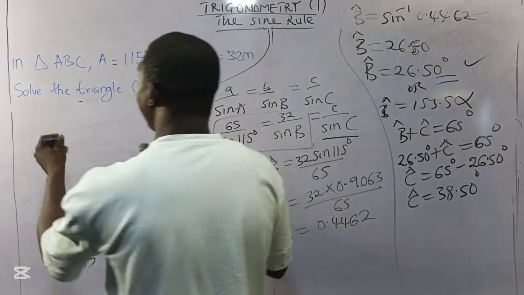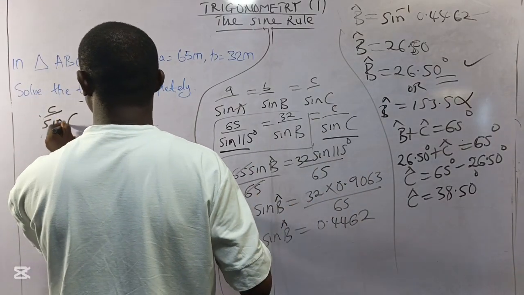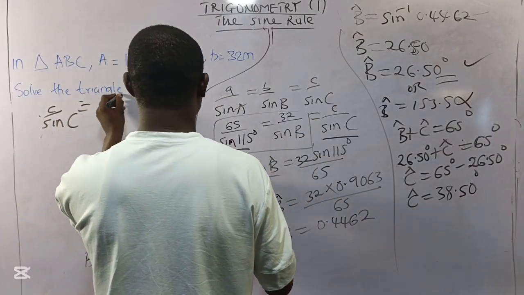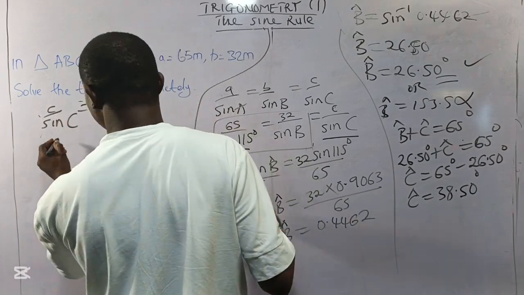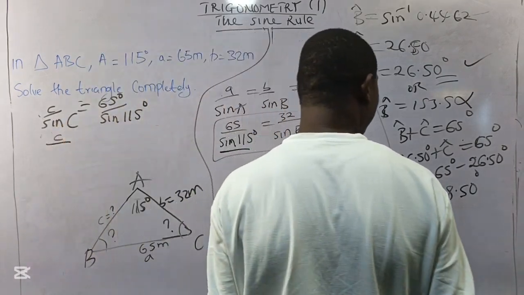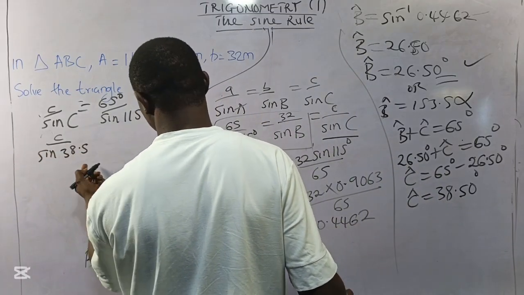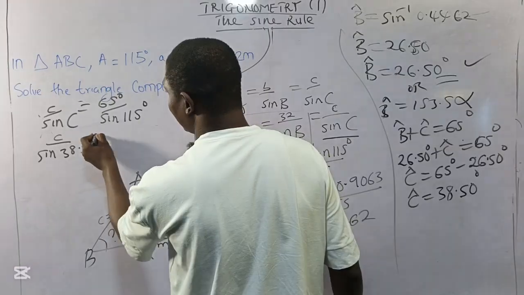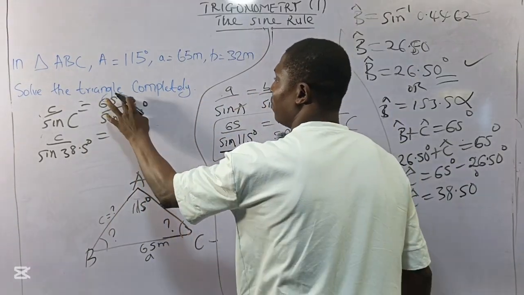So I have my small letter c over sine capital letter C to be equals to 65 degrees, all over sine 115 degrees. My C, I have my small letter c, so I have sine 38.5 degrees, which is same as 38.50 degrees. This 65 is not degrees, it is a unit.